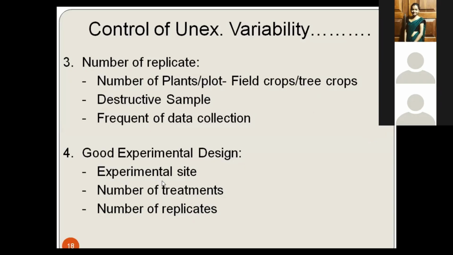So what I am saying is, when you design a good experimental design, you have to look at the site, whether that site is suitable, whether it is influencing the treatment. If you set up the experiment closer to that highway, the paddy yield will increase automatically, and you would conclude it is because of your treatment.